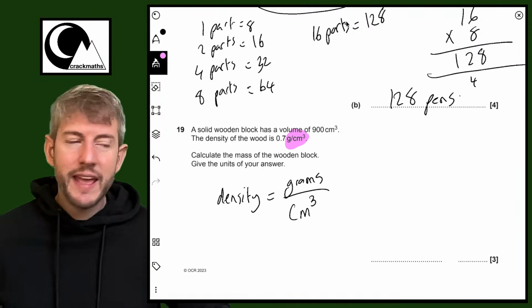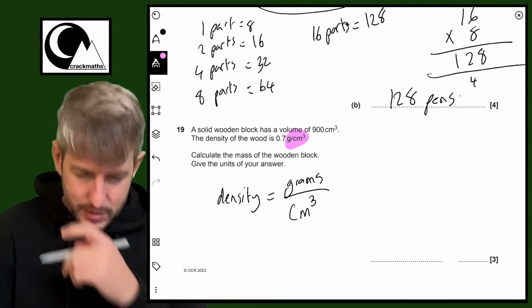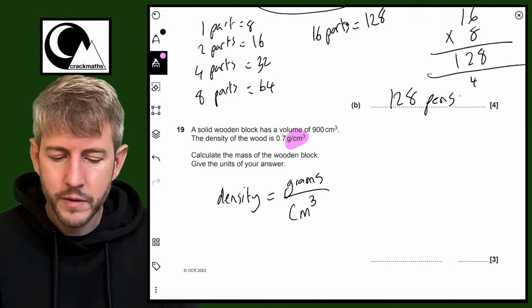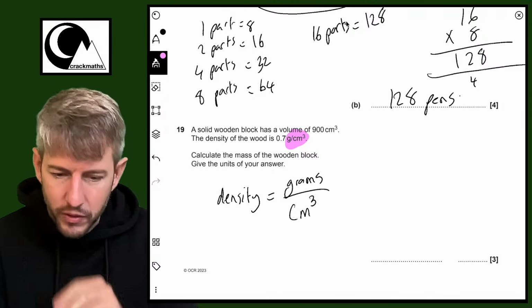Whenever we get a question like this, the best thing to do is to look at the units for some guidance. The density is 0.7 grams over centimetres cubed, and we want the mass.